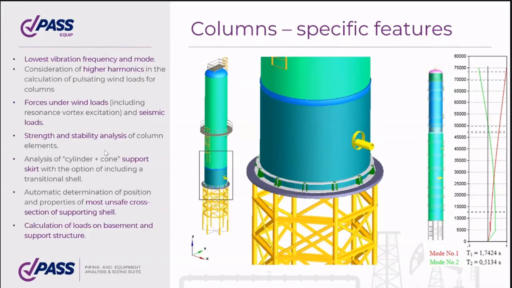And supports, of course, both support kits with automatic calculation of the most unsafe cross-section of the supporting shell. And also we calculate loads on the basement and support structure. And with these loads, you can continue this calculation and calculate this basement support structure in other special software.